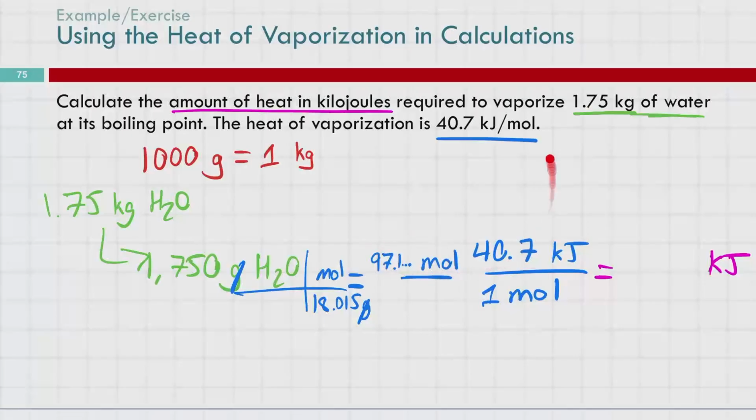We take those moles, we multiply it by our heat of vaporization. The moles cancel, and we round for 3 significant figures to get 3.95 times 10 to the 3 kilojoules.